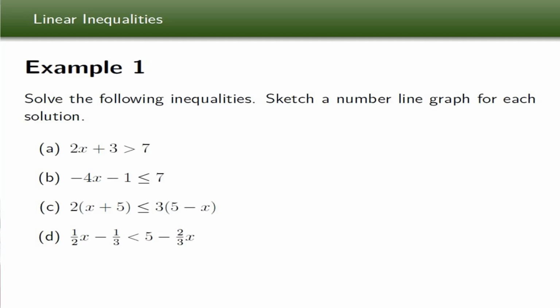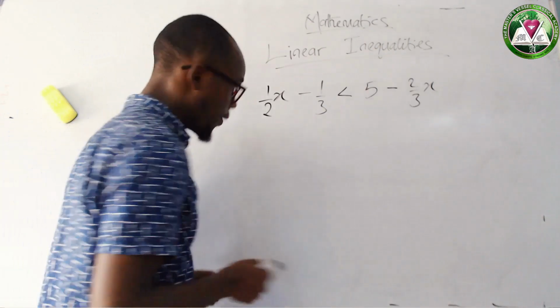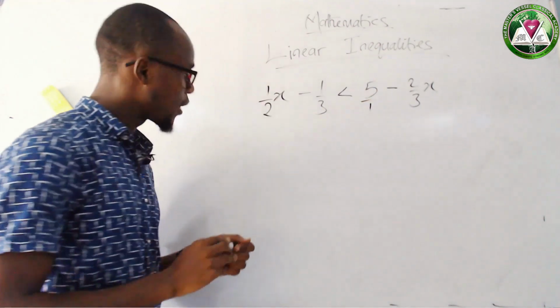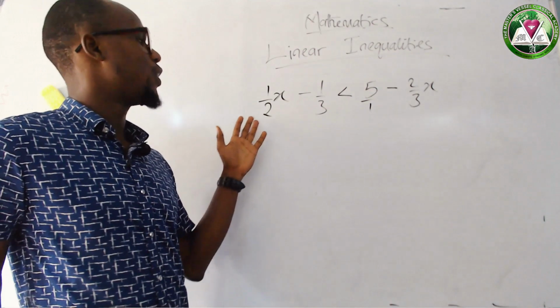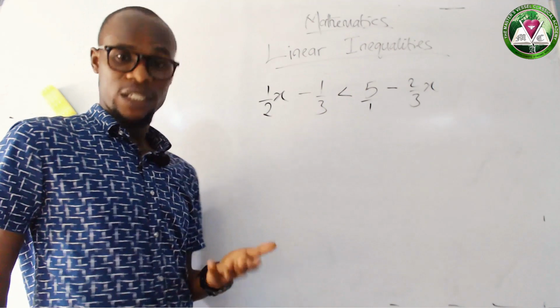Now, as with equations, for us to solve this inequality, we have to do away with the fraction. And for us to do away with these fractions, we multiply through by the lowest common denominator. Now, if you remember, we know that 5 has a denominator of 1. So we check what is the lowest common denominator of 2, 3, 1 of all these fractions we have here, which is 6.